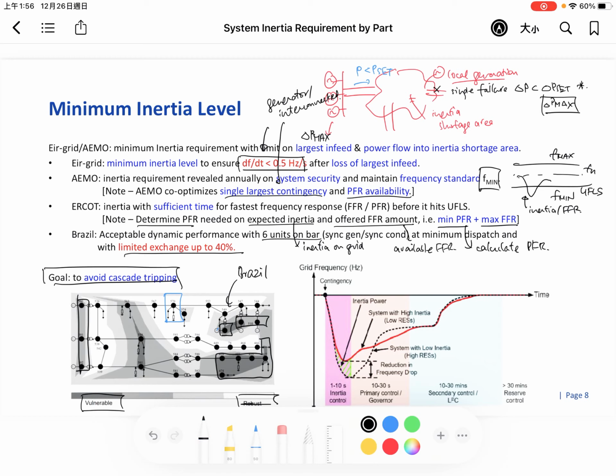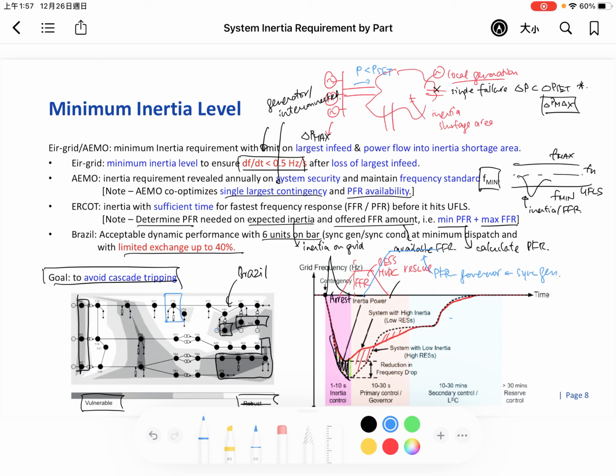So as a recap, we have the inertia power, and it is to arrest the frequency, and we try to have some kind of fast frequency response like BESS or HVDC infeed to partially arrest and partially rescue the frequency, until the largest portion on the PFR with the governor and also the synchronous generator.